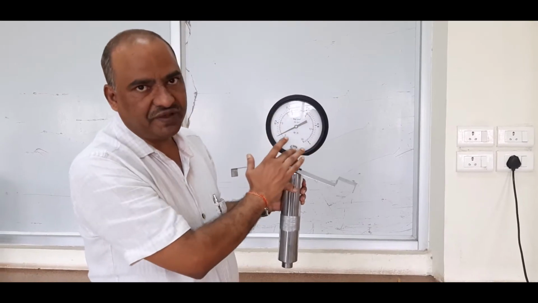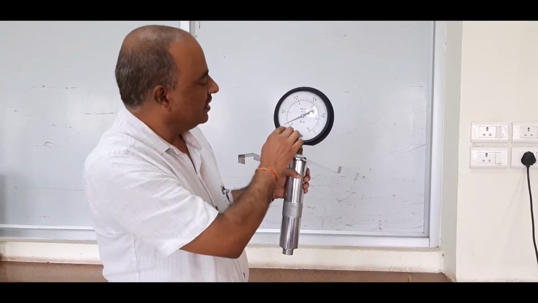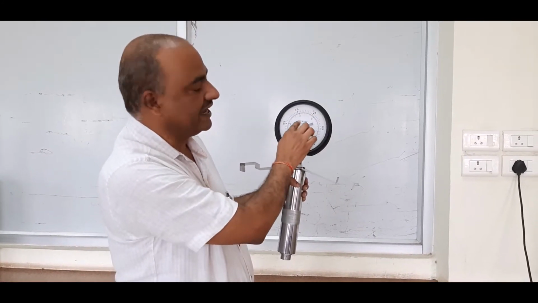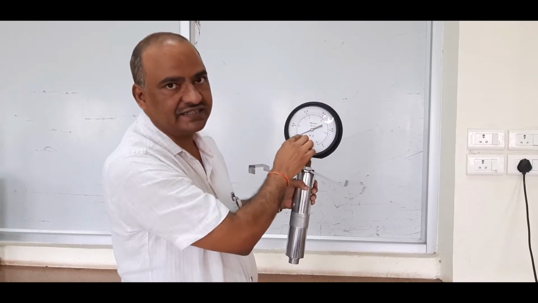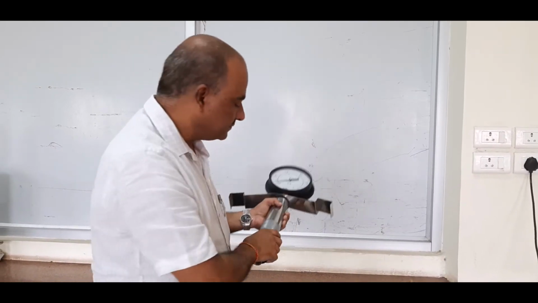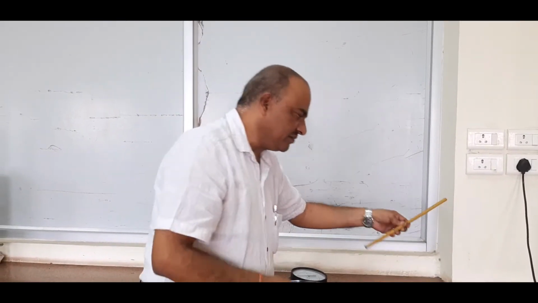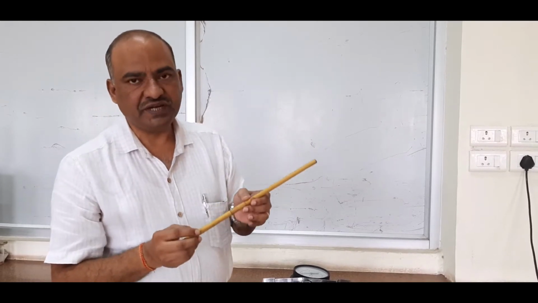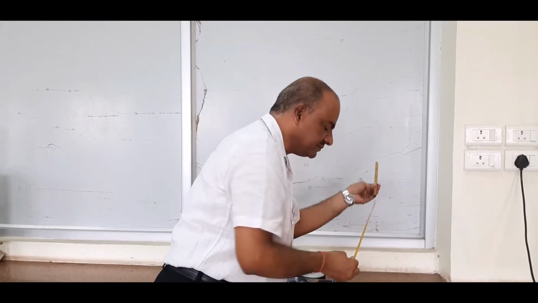It will indicate vapor pressure, and there are two units in the dial. Outer unit is in KSC, kilogram per square centimeter, and inner unit in red color is in PSI. And there is a long thermometer. It will be used to record the vapor chamber temperature.